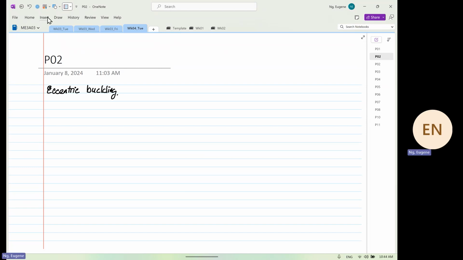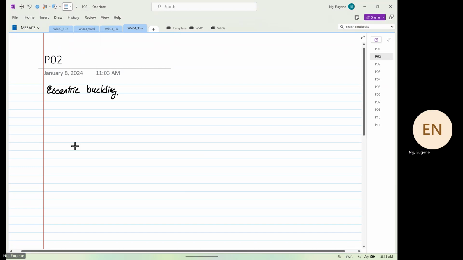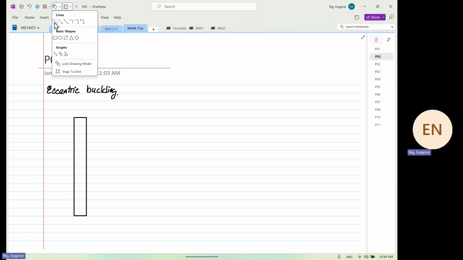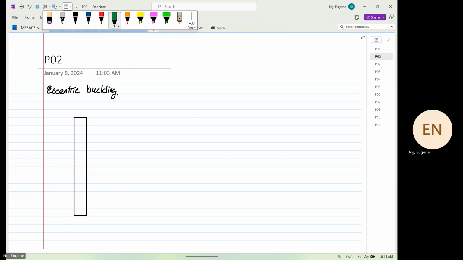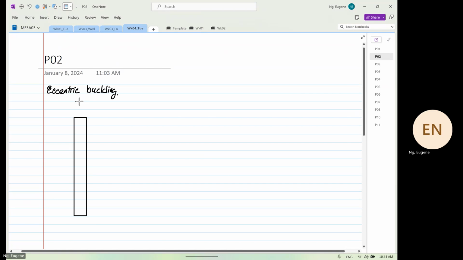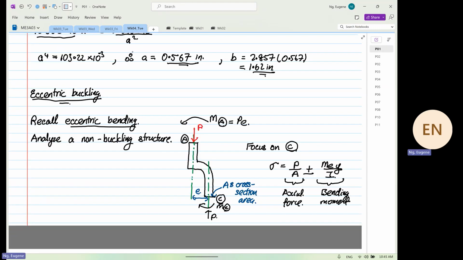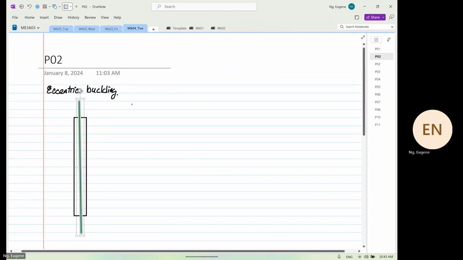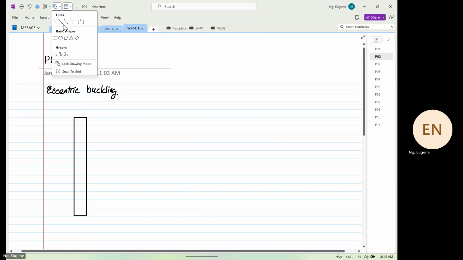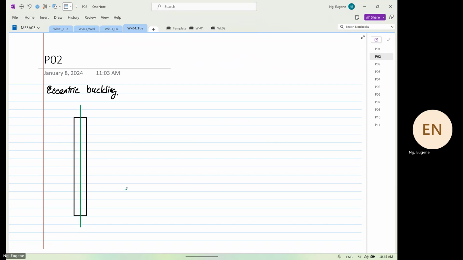What will happen now is we have a structure, and this is our centroid.